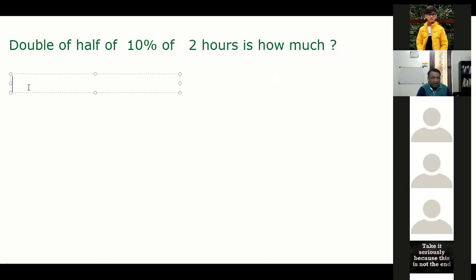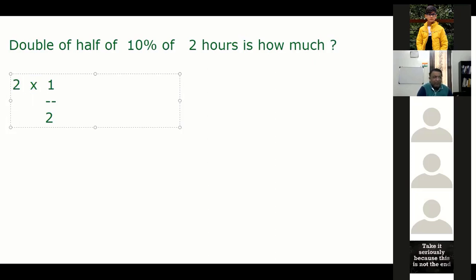Tanishka, shall we start slowly? Double means what? 2 times. Of means into, multiply. Half means 1/2. Correct, guys. This is the way we convert the word problem into numbers. Double we did, half we did.